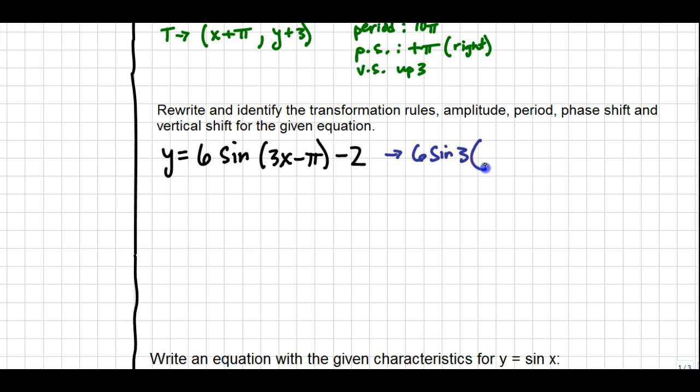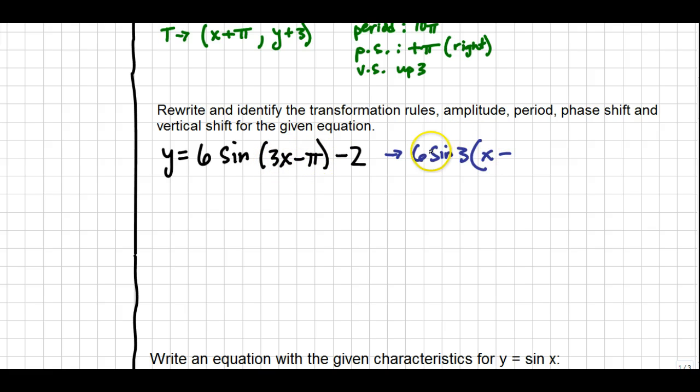If I pull the 3 to the outside, leaving that x alone, I want to figure out what I would need so that when I do distribute the 3 back in, I get this statement back. So I need to come up with 3 times what is going to give me negative pi back. So to figure out what I'm going to get, I basically divide both of these by 3.